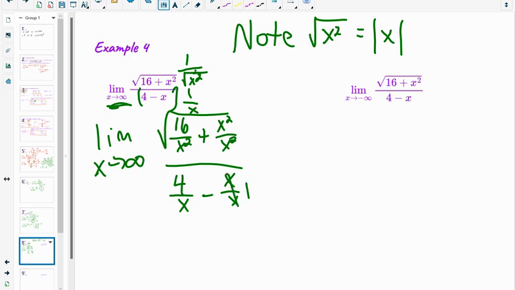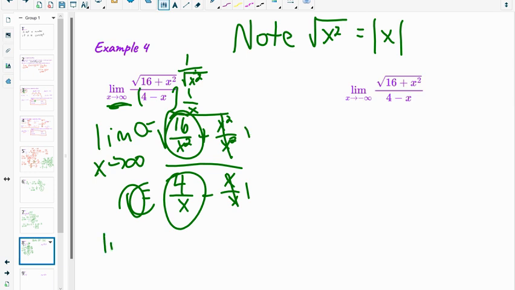So this is 1. This will go to 0. And then this will go to 0. And then this will go to 1. So we've got the limit as x approaches infinity of the square root of, well, we actually don't need the limit notation anymore since we're simplifying.